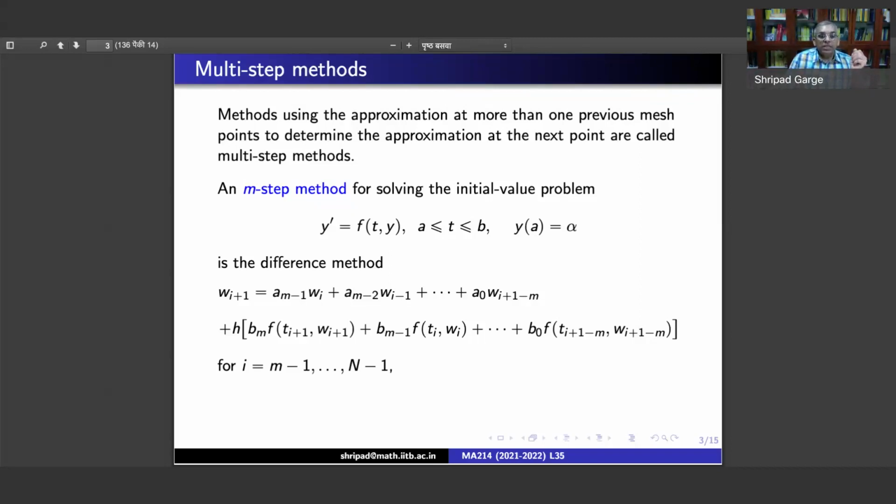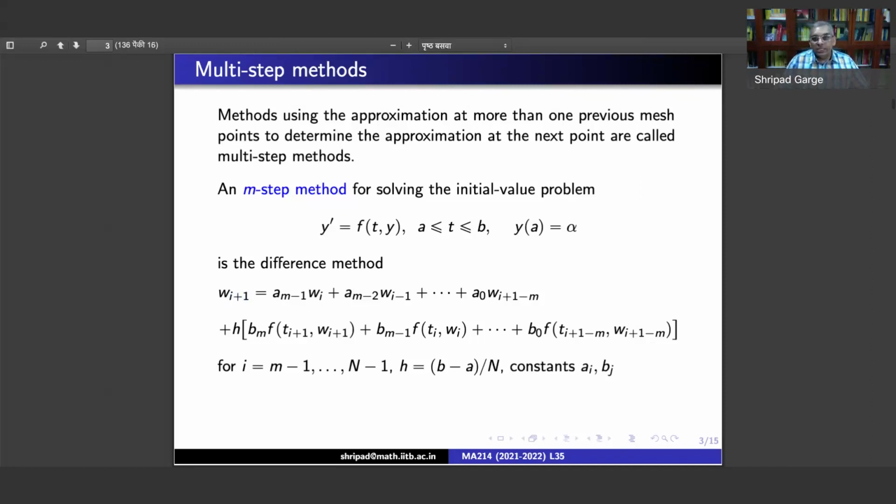So you will apply this to i equal to m-1, by which you will be able to compute wm, and then the next values by taking the chunk of these previous m points. So i runs not from 0 to N-1, but from m-1 to capital N-1. Step size is taken to be the same step size, and it's (b minus a) upon capital N.